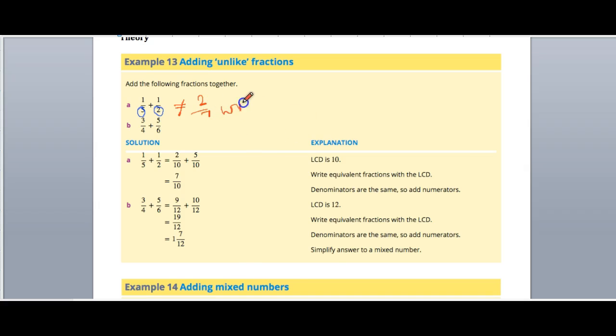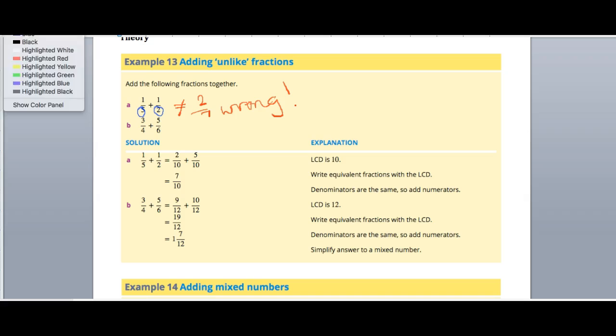So that is wrong, and you've got to remember that because that is a common error that students make. Especially at year 10, when the last time they would have probably seen fractions was back in year 7 and 8. So you're trying to remember your fractions from over a year ago at least.